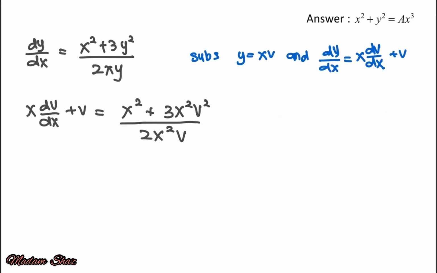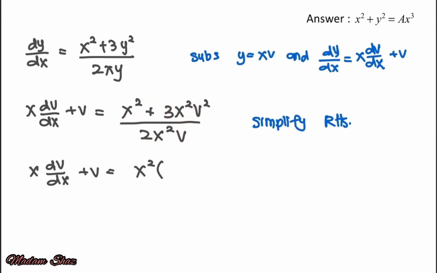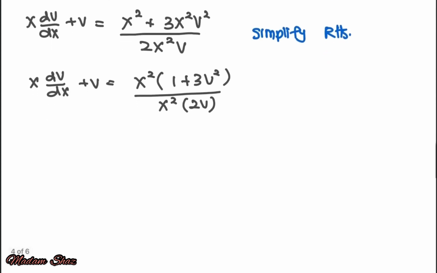So from here, we have to simplify the right hand side. Since we have x square at the upper side and also x square at the bottom side, we can factorize the x square. So 1 plus 3v square divided by 2v, and now we can cancel out the x square.